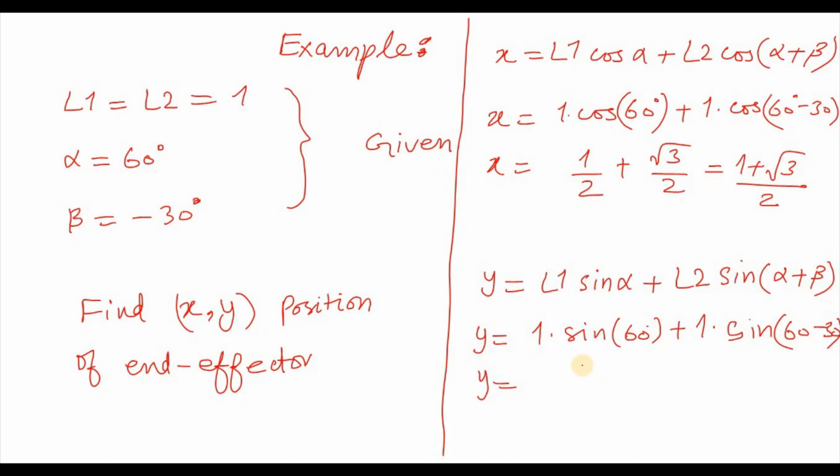So sine of 60 is equal to under root 3 by 2 plus sine of 30 is equal to 1 by 2. And if you add them, you get 1 plus under root 3 by 2. So this is where your final location of your end effector is when your angles are 60 degrees and minus 30 degrees and your lengths are equal to 1.